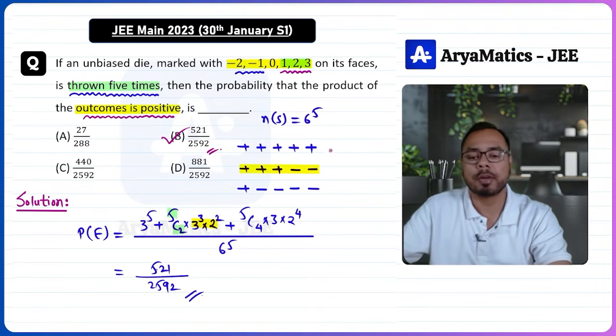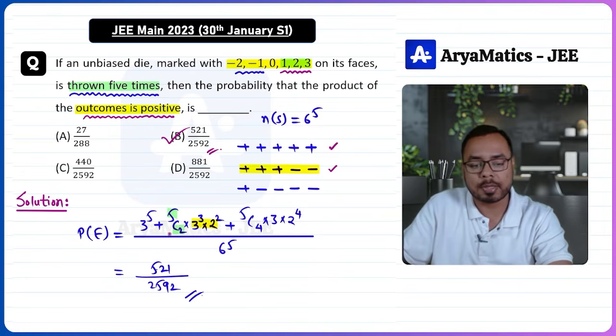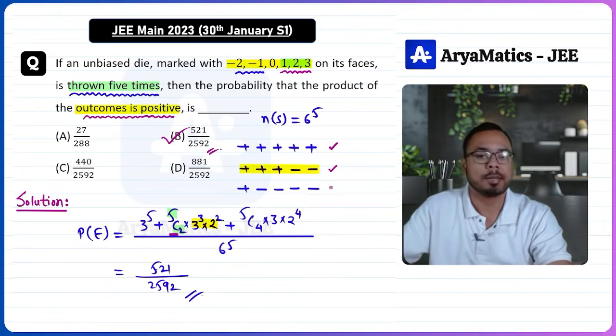If I need a positive product, either all 5 positive, any 3 positive and 2 negative, and similarly, the last one, any 1 positive and the remaining 4 negative. And then probability is the number of favorable cases divided by the total number of cases. So after simplification, we get the second option, and that is the correct answer for this problem.